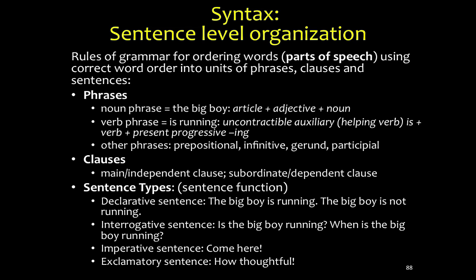So an example is the big boy is running, the big boy is not running. An interrogative sentence are questions, and you can have a yes/no question such as is the big boy running, or a WH question such as when is the big boy running. And then there are imperative sentences and exclamatory sentences. Just know that these sentence types are further defined with more examples in Unit 6.